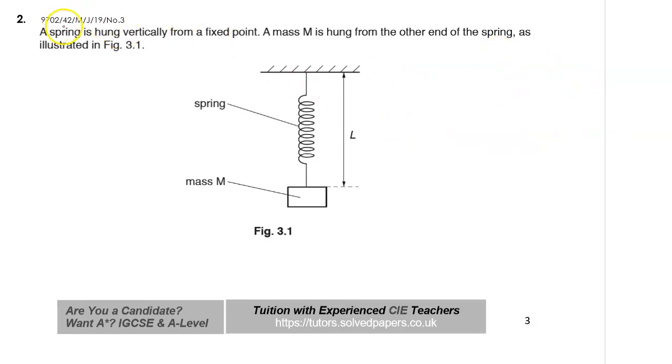Right, on with question number 2, which was set on variant 4.2, and this was question number 3, May-June 2019. A spring is hung vertically from a fixed point. A mass M is hung from the other end of the spring, as illustrated in Fig 3.1, right there.